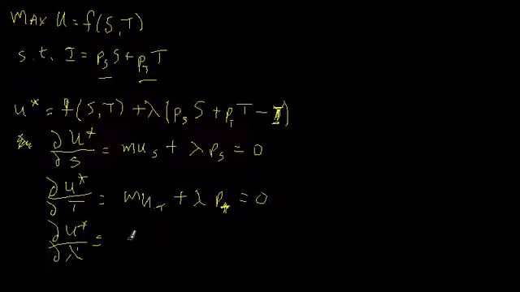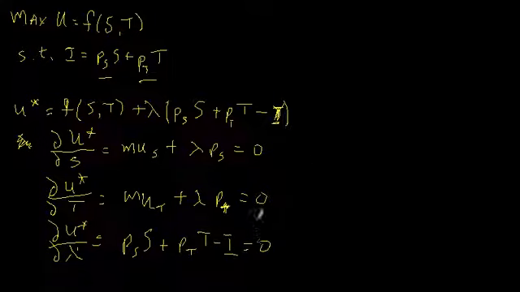And when we take the partial derivative of u star with respect to lambda, that of course is just going to be the constraint, PS S plus PT T minus income is equal to 0.